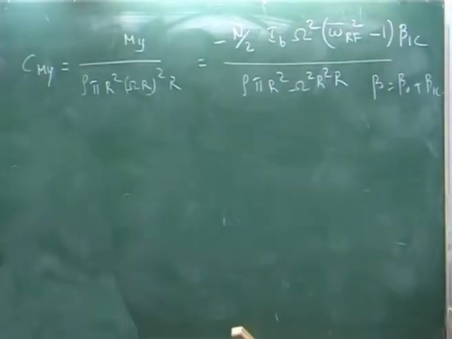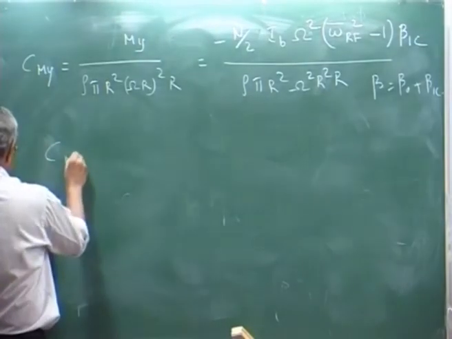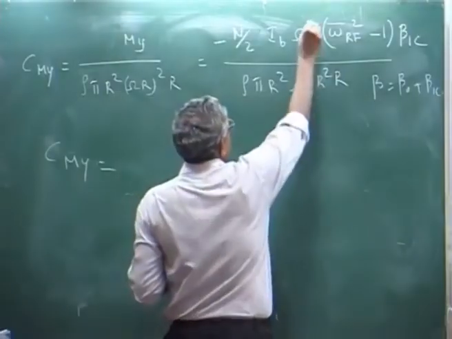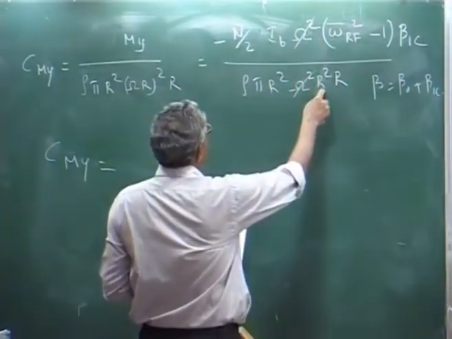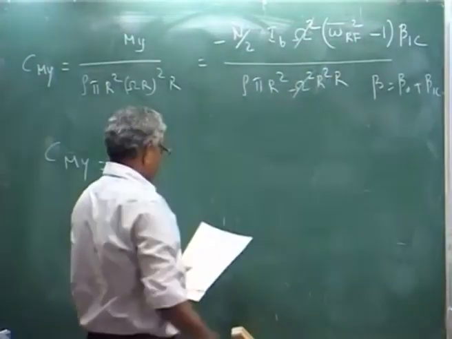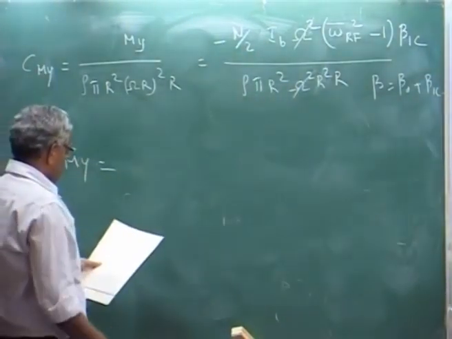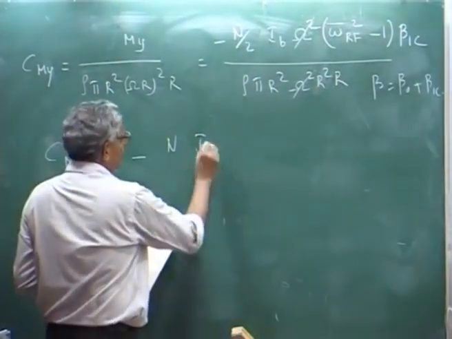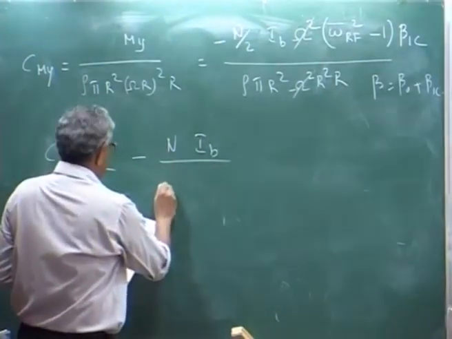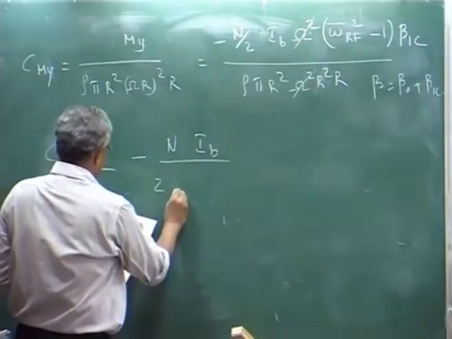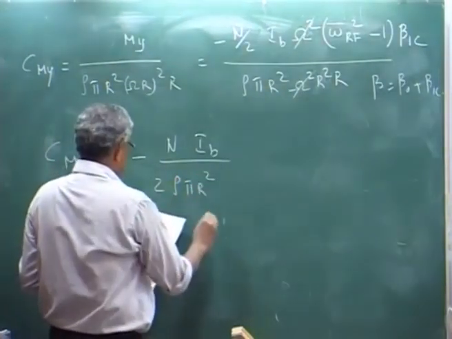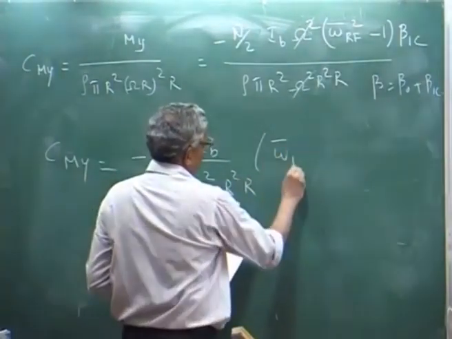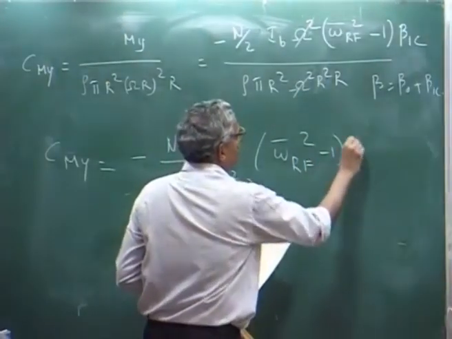Now you knock out these terms, and here N by 2, what is that? There will be minus N I_b over 2 rho pi R squared R, into omega bar RF squared minus 1 beta 1c.